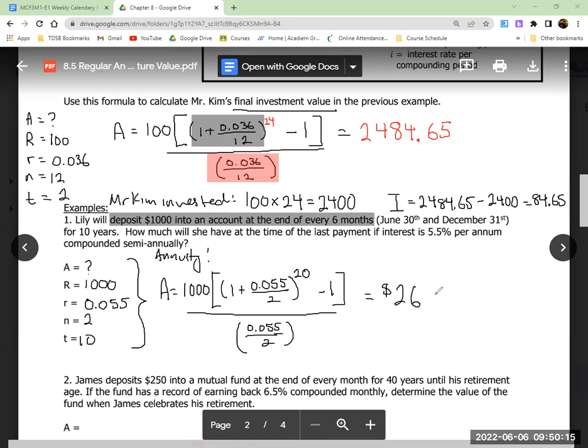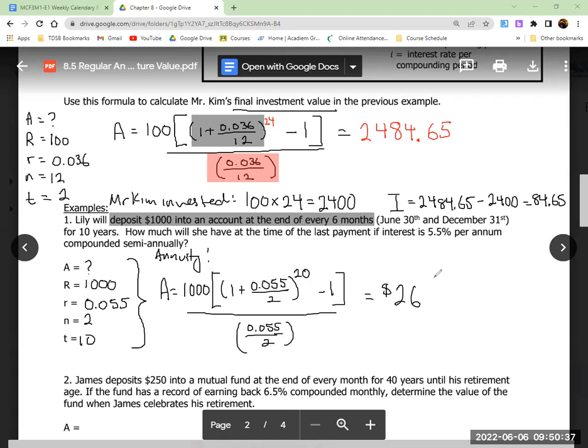Good. It could be me. 26 I got. Let's see. 0.055 divided by 2 plus 1, that's all to the power of 20, minus the 1, and multiplying by 1,000 and divided by the same interest rate.